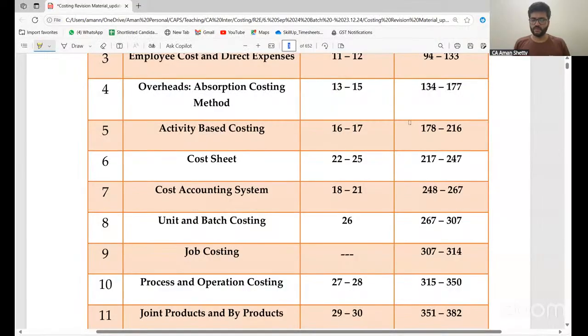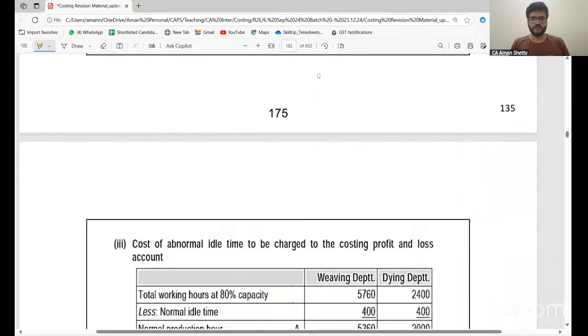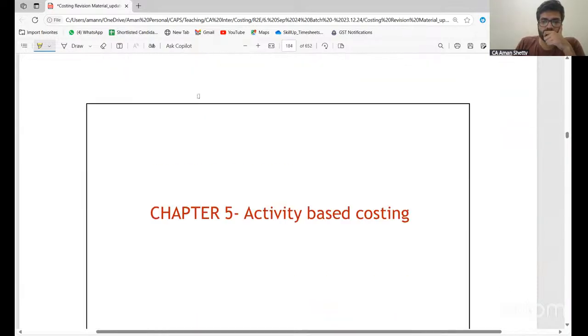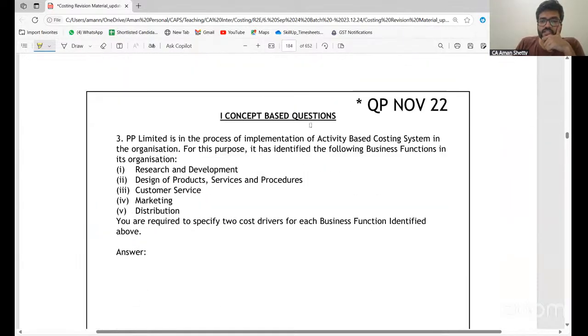Let's go through the problems. Activity based costing, a concept based question.